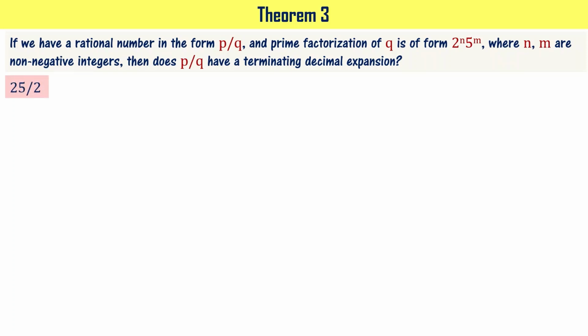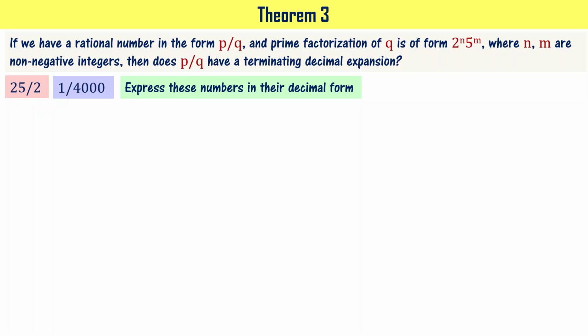Let's consider a few rational numbers: 25 by 2, 1 by 4000. Let's express these numbers in the decimal form first. 25 by 2, when you divide, you can write it as 12.5, right? 25 can be written as 5 square, and you can keep 2 as 2.